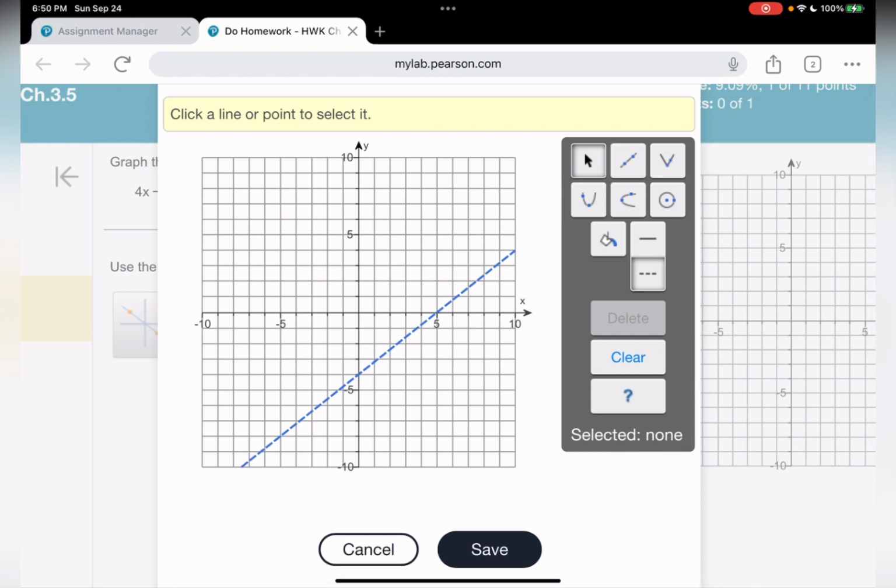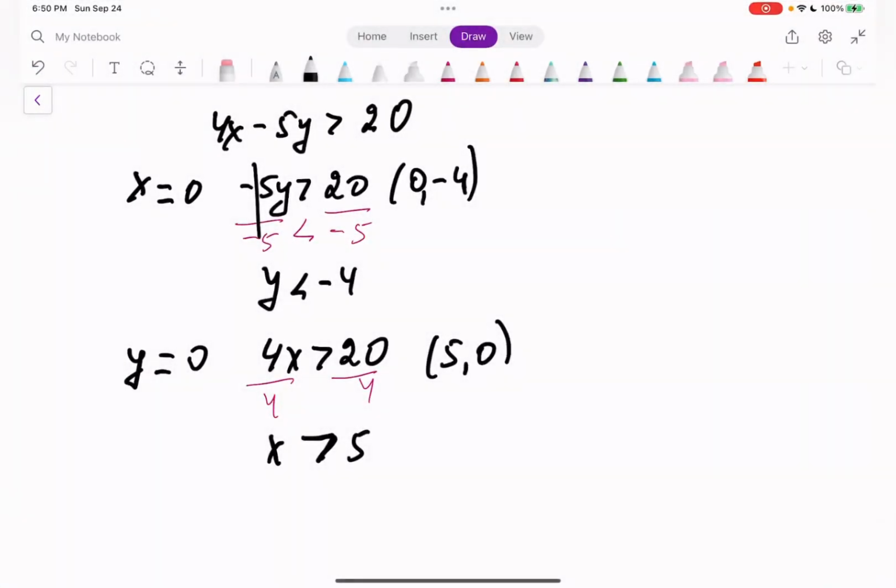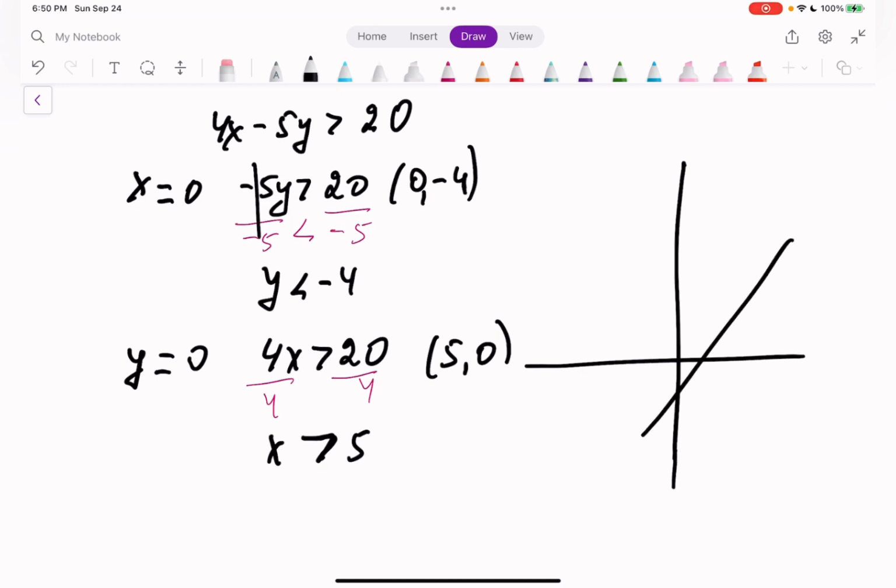So let's see. Here I have this graph. Let's say I'm taking this point. This is negative 4. This is 5, right? 0, negative 4. This is 5 and 0. If I take a point here, let's say this is 6 for x, and this is negative 5, for example.